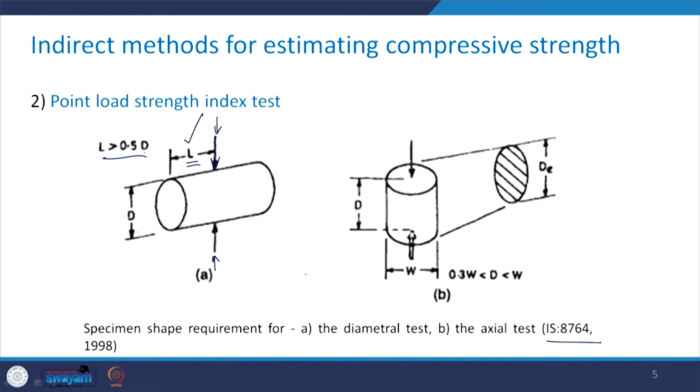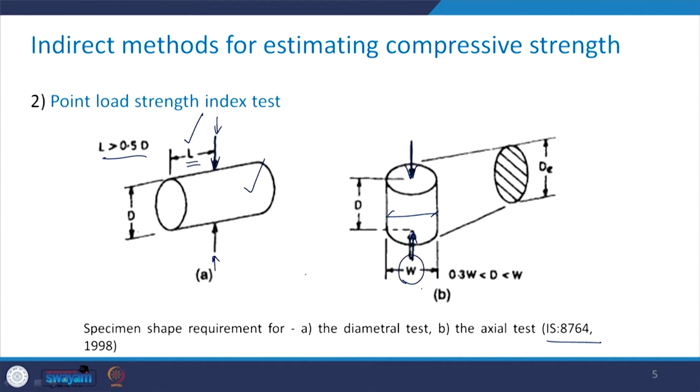So, that is the shape requirement if you want to conduct the point load strength index test in case of such a shaped specimen. In case you have the axial test, here you see the loading is applied in this direction, and the dimension is W in this direction, that is this one, and D is its height. So, you see that the equivalent diameter you can find out.